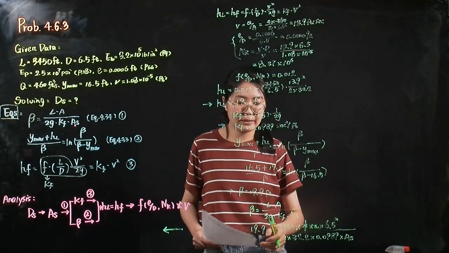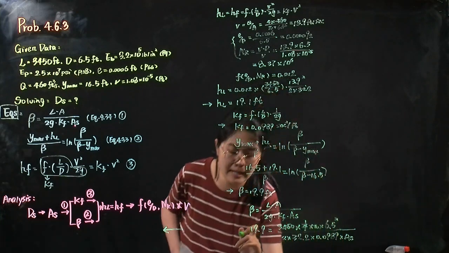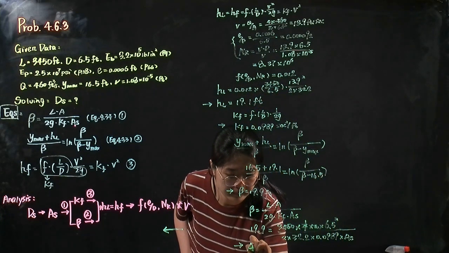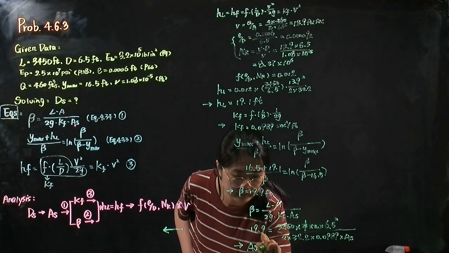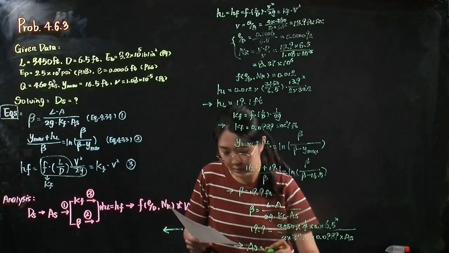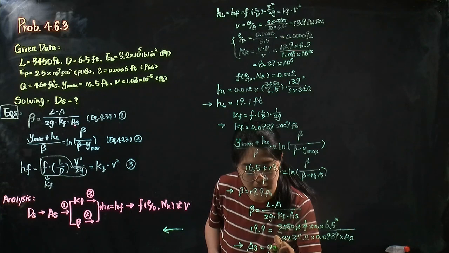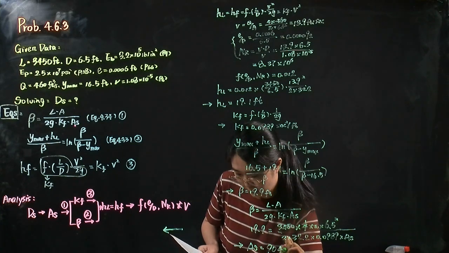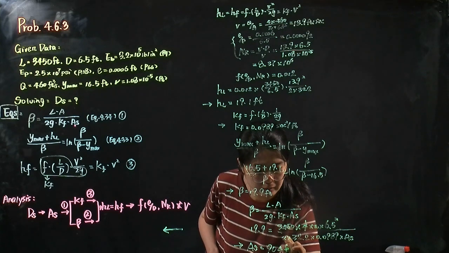Then we can get the value of A sub S. It equals 904 square feet.